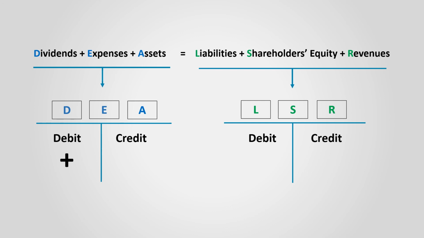So if they increase, they become debit as their normal balance, and if they decrease, they become credit since it is the opposite to their normal balance. Liabilities, shareholders' equity, and revenues have a normal balance on the right-hand side, which is the credit side. So when they increase, they become credit, and when they decrease, they go to the opposite side, which is debit.